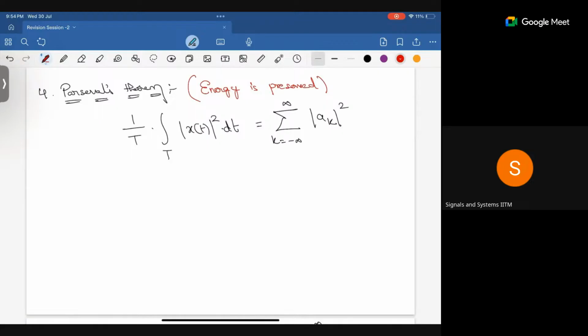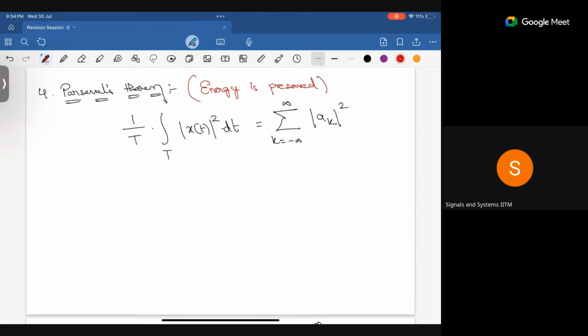If total energy is preserved, even in one period, energy should be equal. So this is average energy over a period on the left hand side. And on the right hand side, this average energy is nothing but the power.